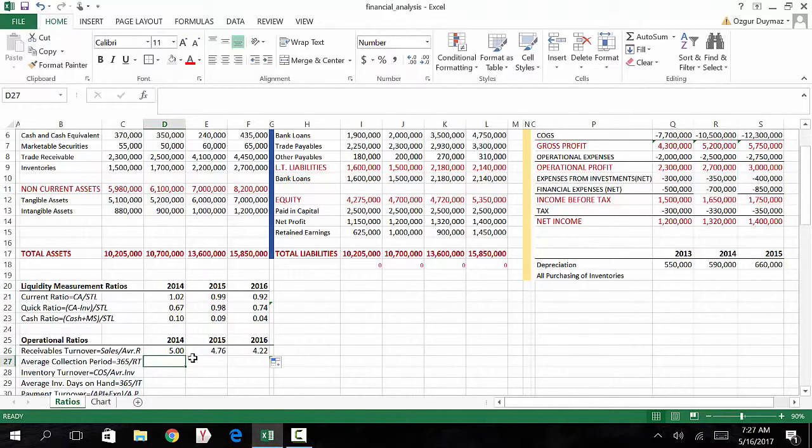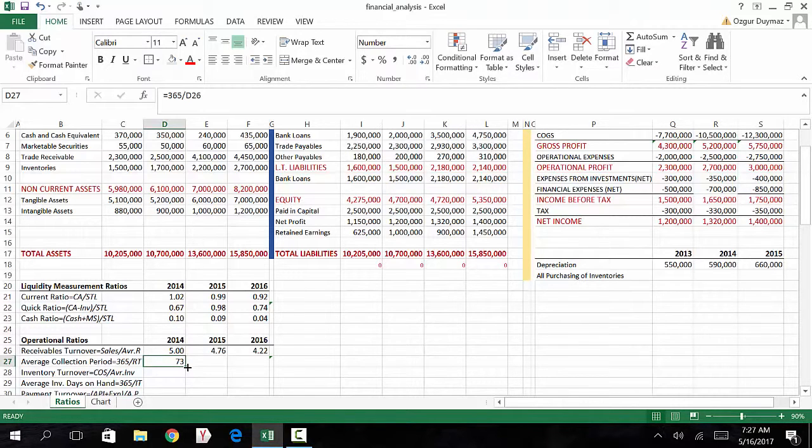And to calculate the average collection period, you should take 1 year as days, 365 days divided by receivable turnover.